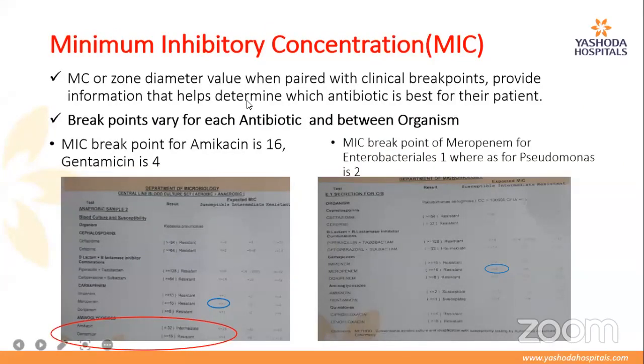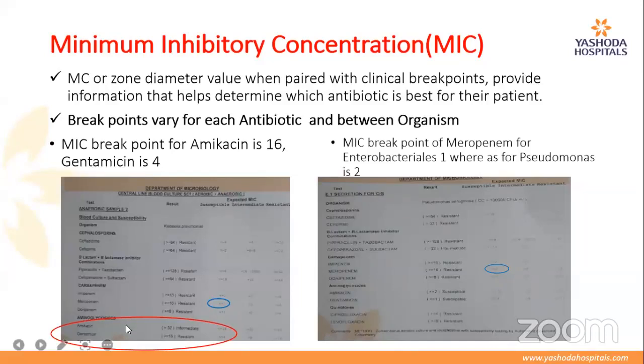And this MIC value or zone diameter value doesn't have any value individually. It's just a number for the clinicians. But when paired together, they give the information that helps to determine which antibiotic is best for the patient. So we have regulatory agencies like CLSI, the European Committee on Antimicrobial Susceptibility Testing, and FDA.